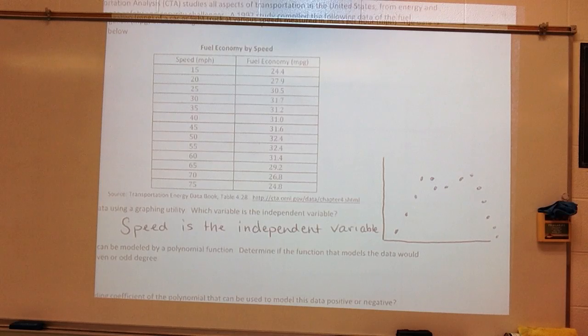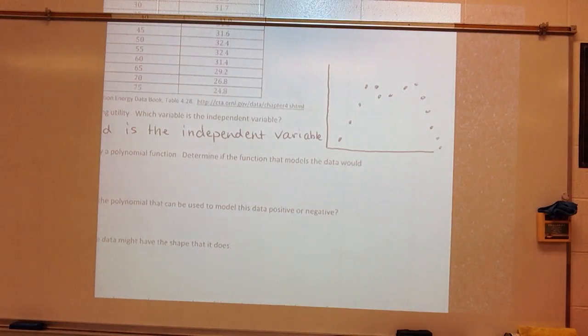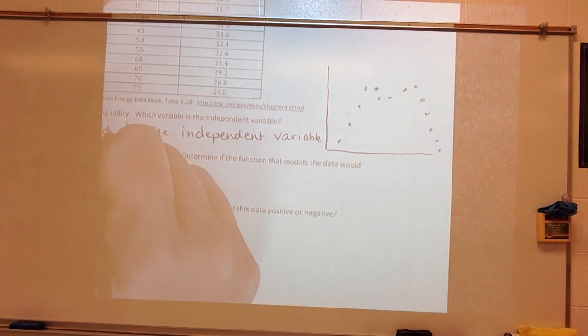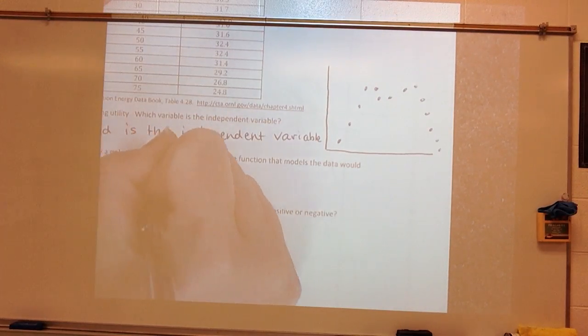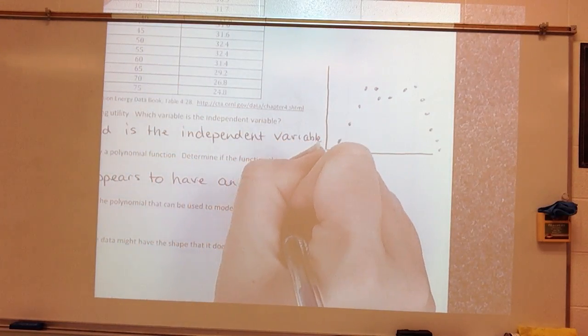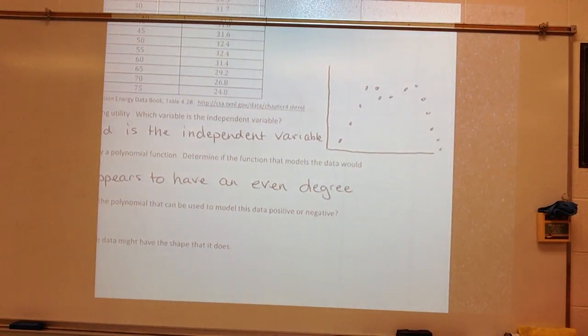Determine if the function that models the data would have an even or an odd degree. Well, if I'm looking at it, it seems to have that U shape, which means it appears to have an even degree.